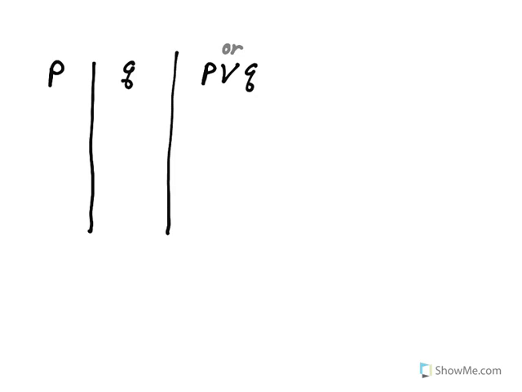So this would be like a union, okay? So let's say you have, okay, so if one premise has to be true, then the third result will always be true.